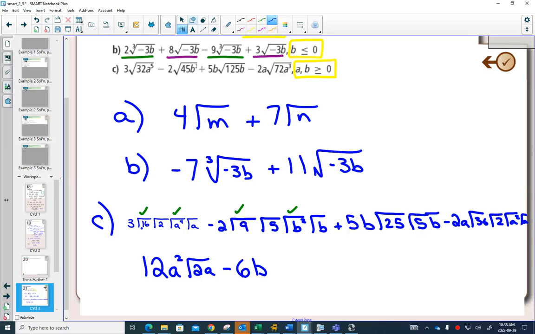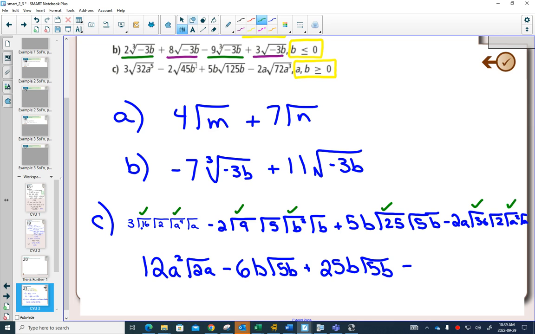But since we already know that b is bigger than 0, we can just write b because we don't get into that problem of having a negative. And then we're left with 5b plus square root of 25. That's going to be 5. 5 times 5 is 25. B.